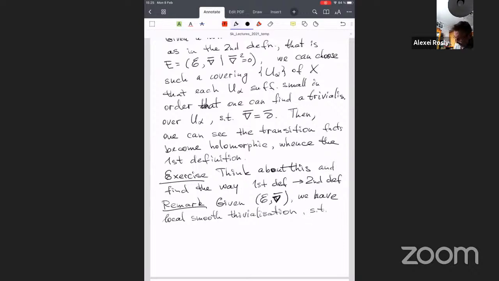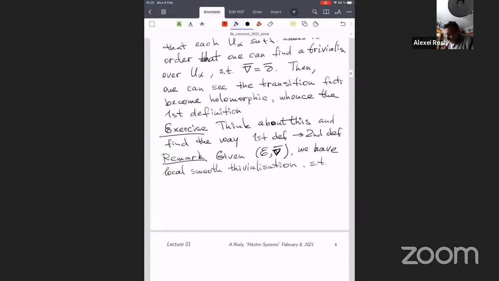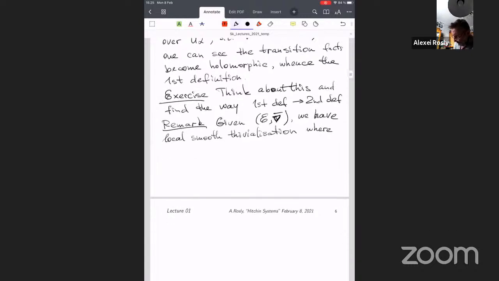Not such that, but in any smooth trivialization, the operator of connection can be written in terms of connection one forms. I do not explain this formally, hoping that everybody understands.